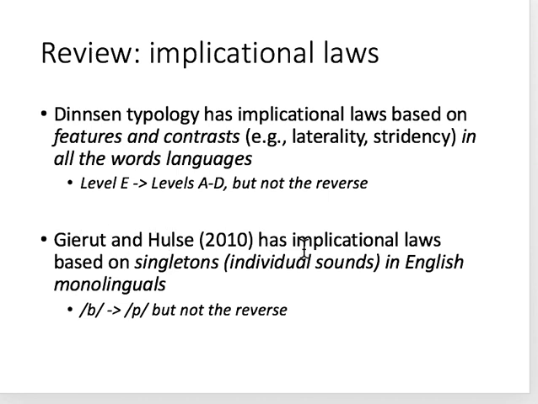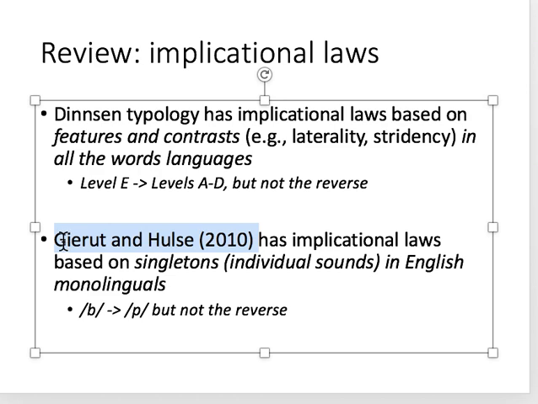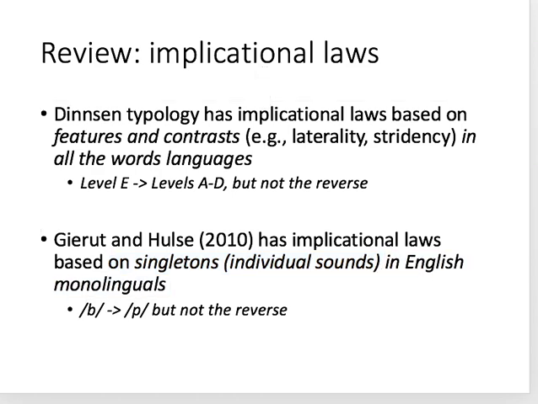So those kinds of laws, like the ones shown in that matrix that you are now comfortable with using, I hope, those implicational laws are based on singletons or individual sounds in English monolinguals, right? That whole matrix is based on that research. So we know things like, hey, targeting B will predict P, right? Because that's the voiced pair, but not the reverse. So we see implicational laws in that context. See how that's different from the stimulability stuff?